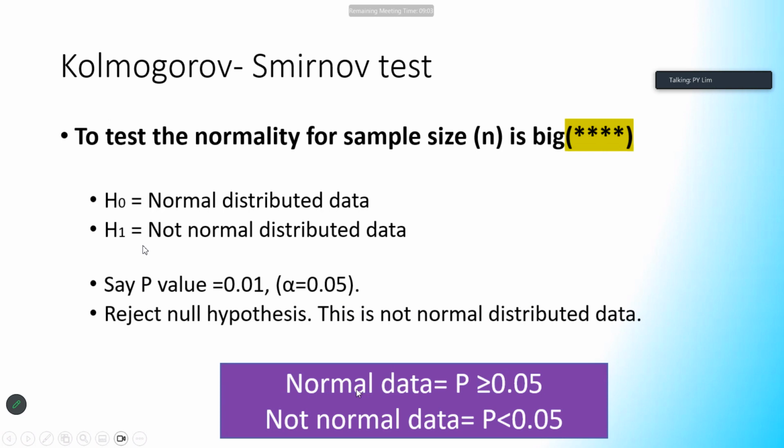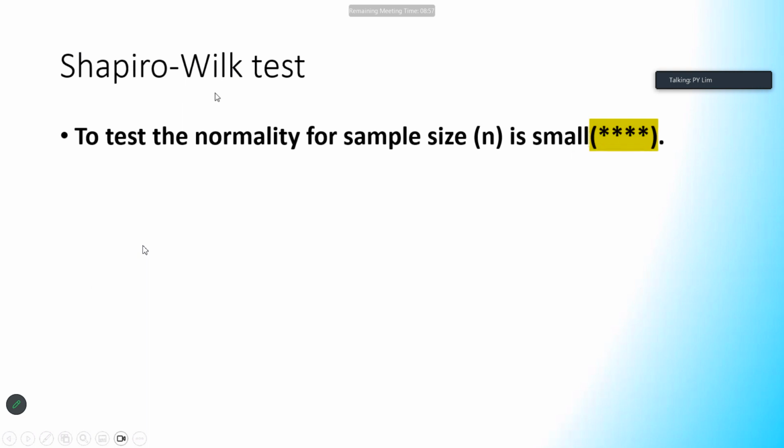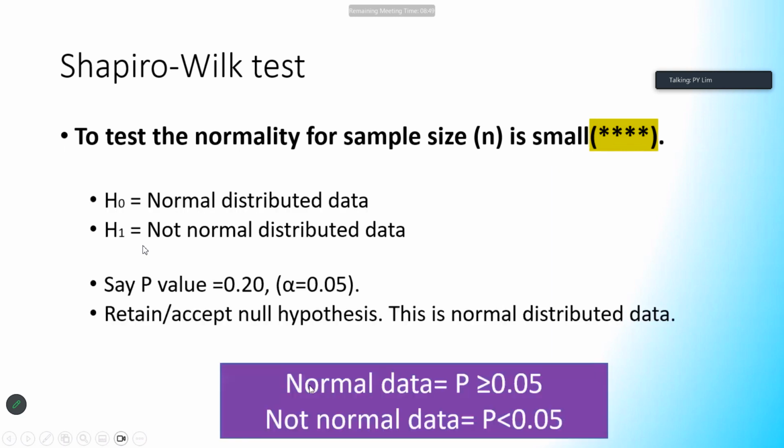Later I will show you. More than 0.05, normal data. The Shapiro-Wilk test is the test for normality when the sample size is small. If the data is normal, the p-value will be more than 0.05; not normal will be p less than 0.05.